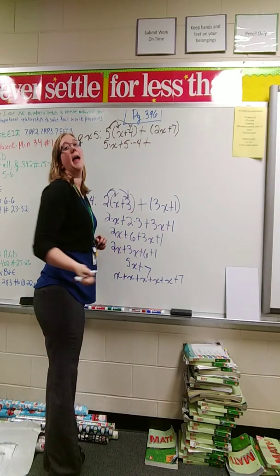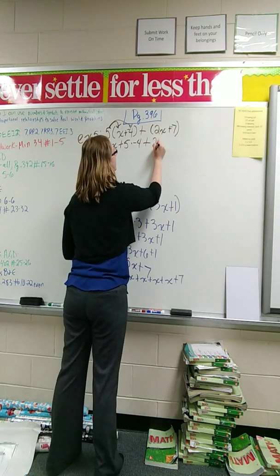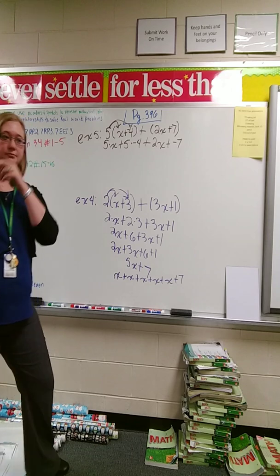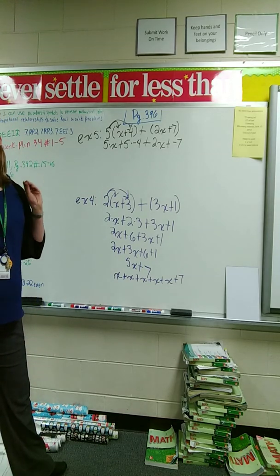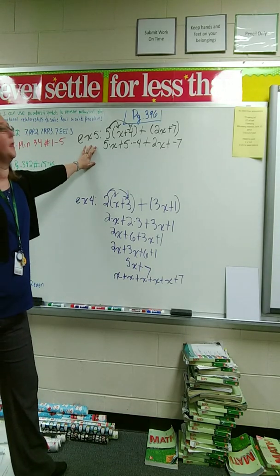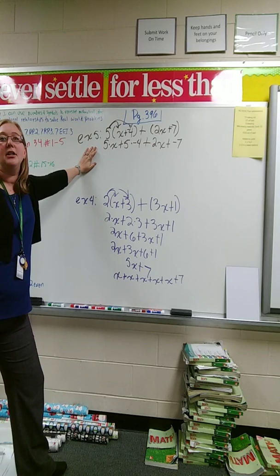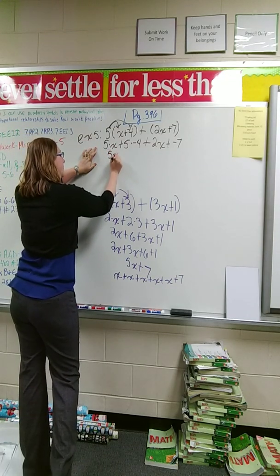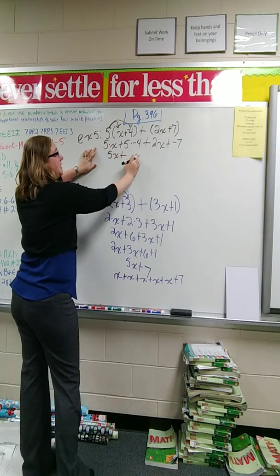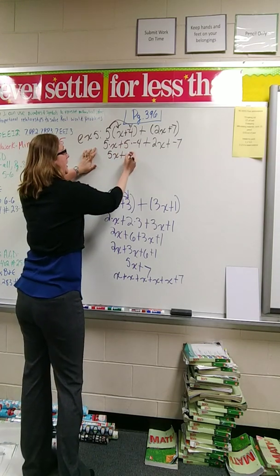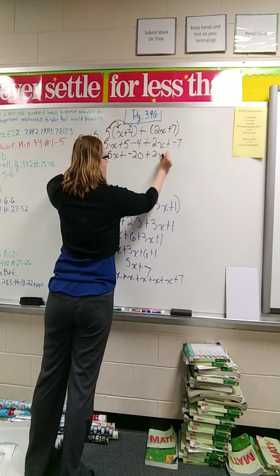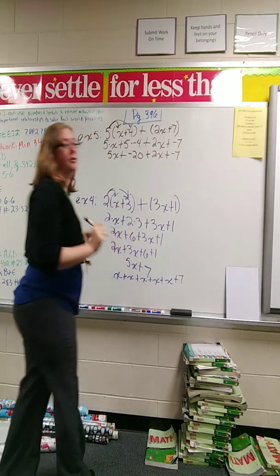And I'm going to add to that my 2x plus negative 7. I need to simplify so that I only have addition signs. 5 times x is 5x plus 5 times negative 4 is negative 20 plus 2x plus negative 7.